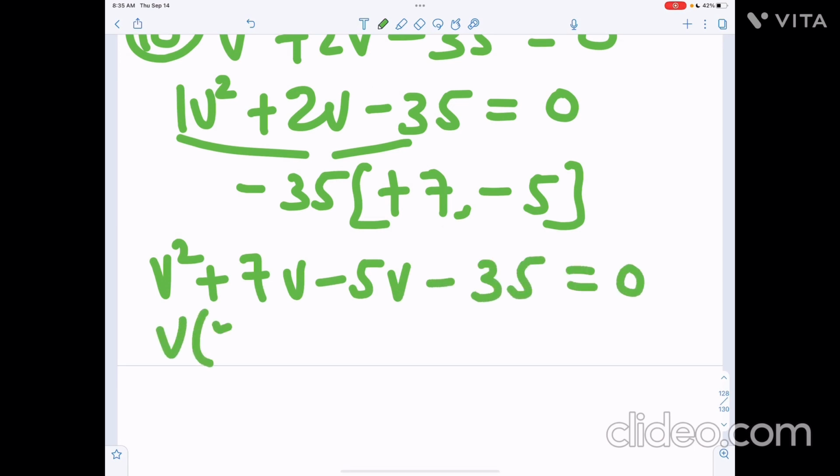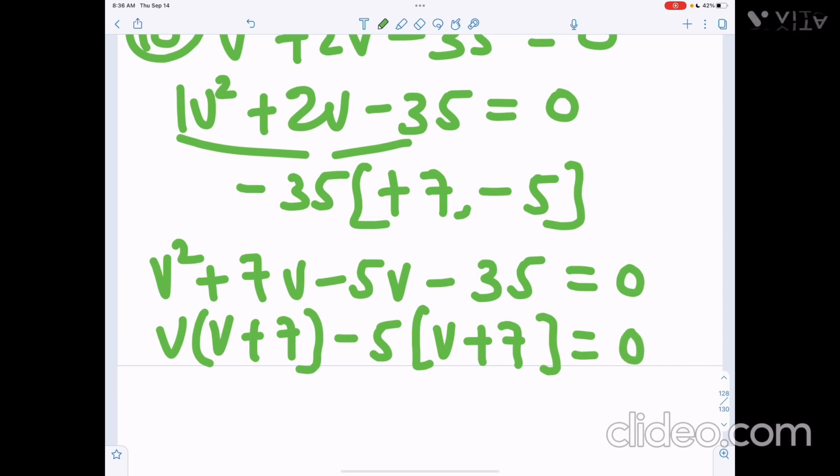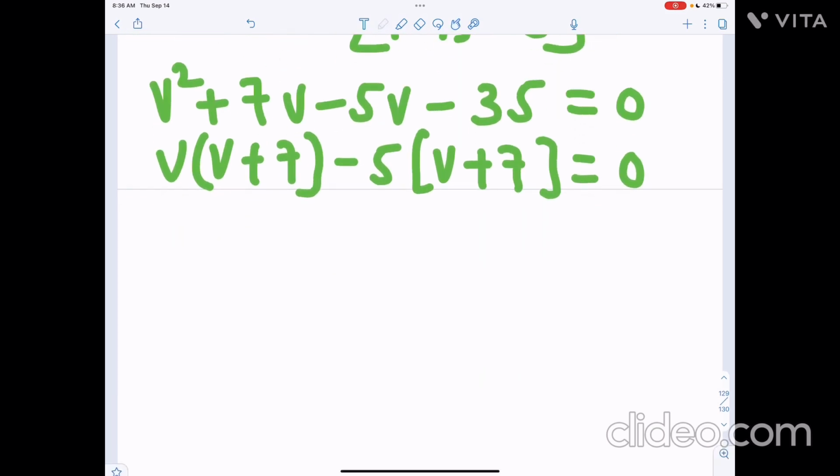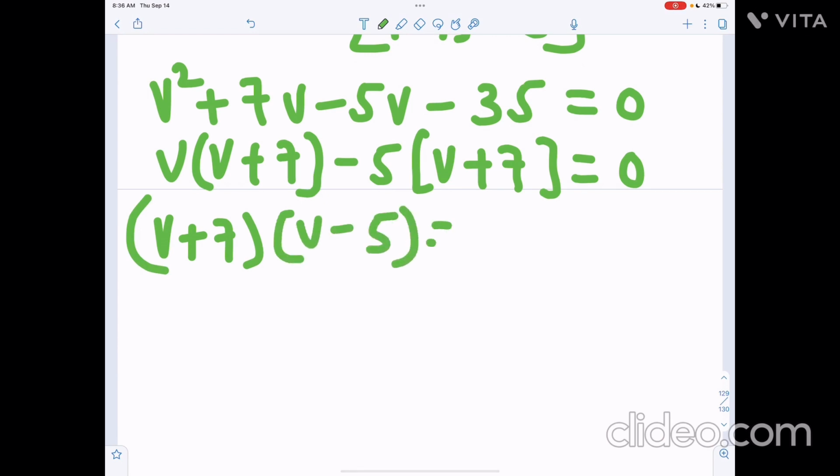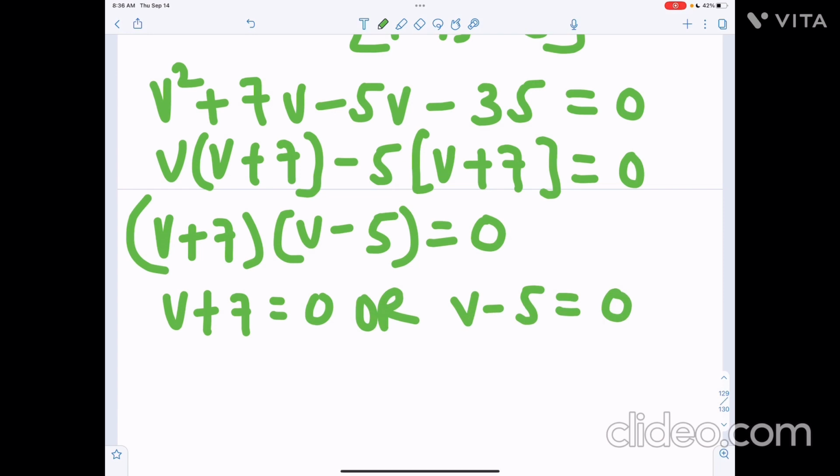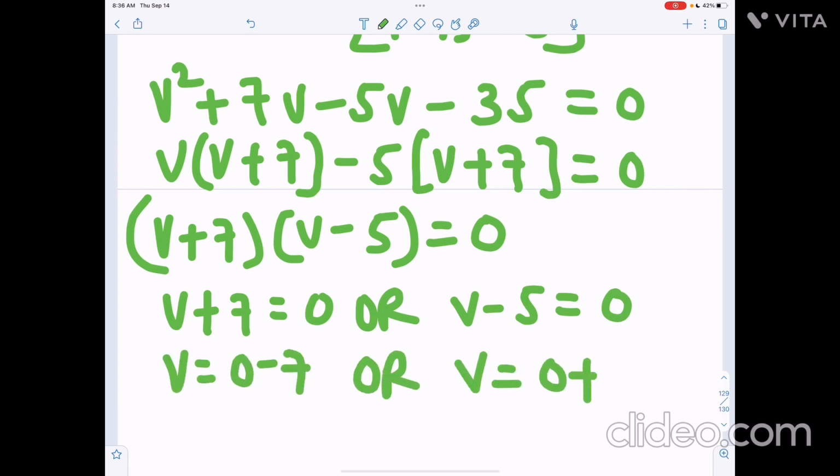So this will give me v times v plus 7, minus 5 times v plus 7 is 0. What does that give us now? v plus 7 times v minus 5 is 0. v plus 7 is 0, or v minus 5 is 0. v is 0 minus 7, or v is 0 plus 5.